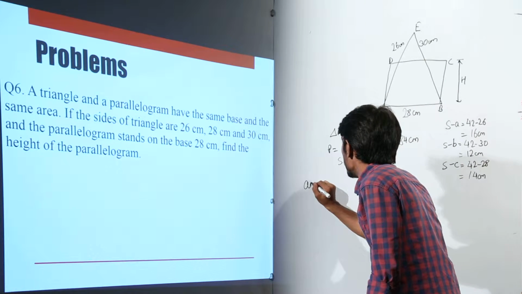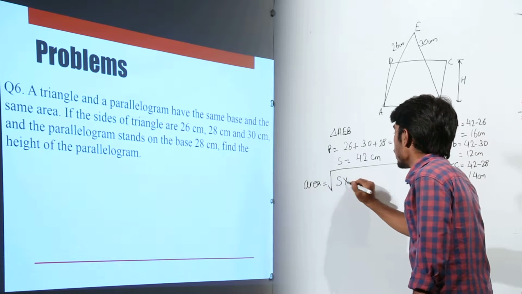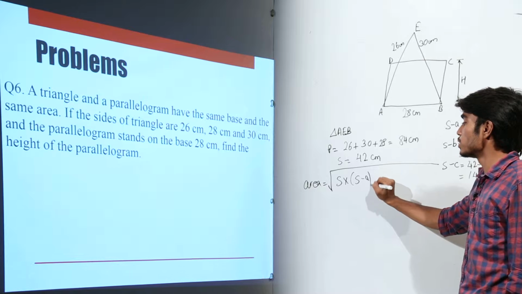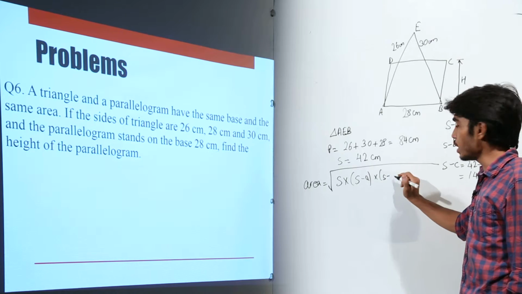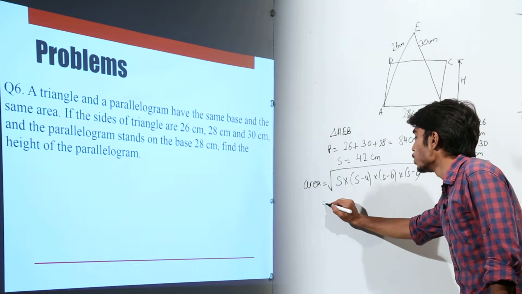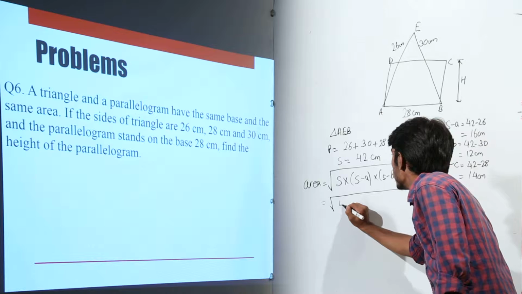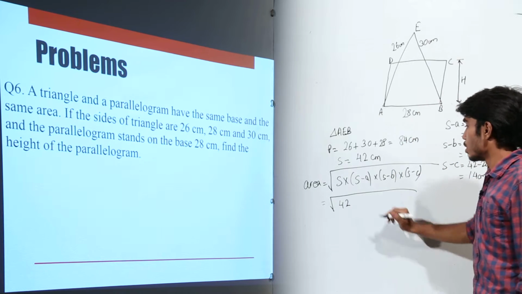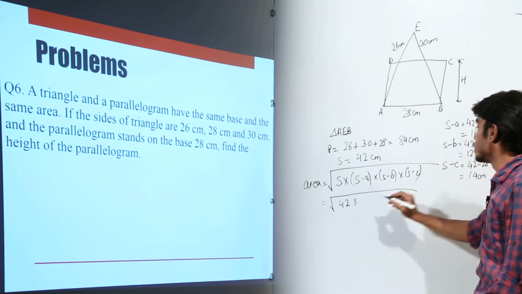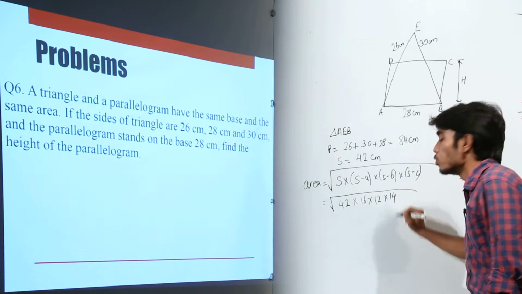Now let's calculate the area of the triangle. By Heron's formula, the area of the triangle is the square root of s into s minus a into s minus b into s minus c. Substituting the values, s is 42 centimeter, s minus a is 16, s minus b is 12, and s minus c is 14.